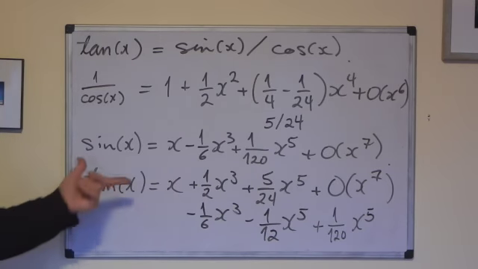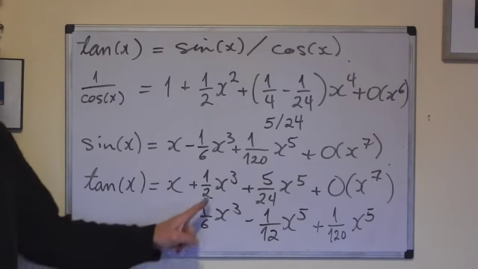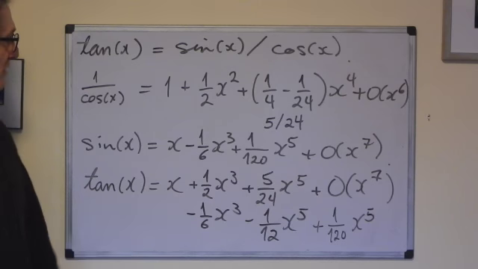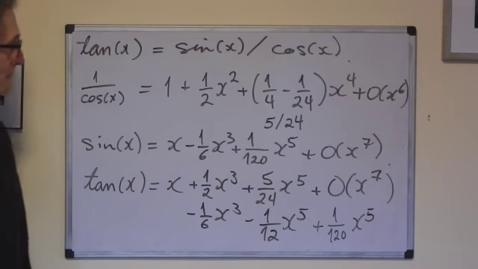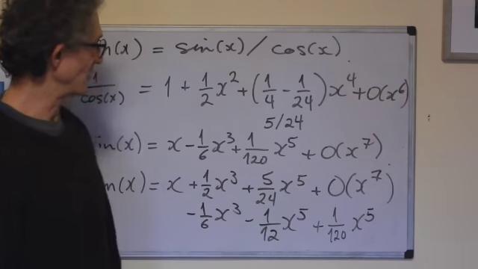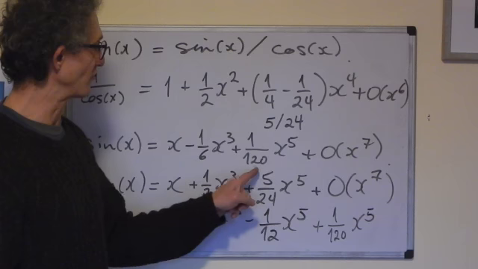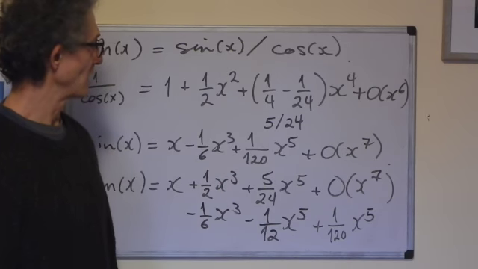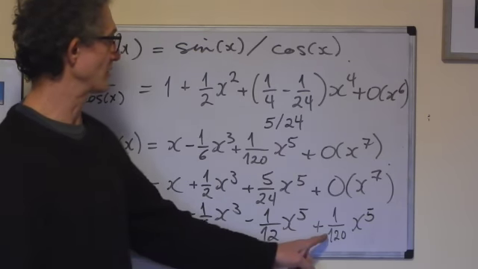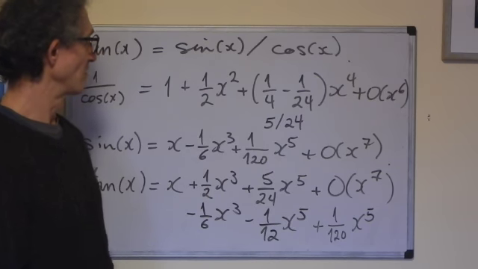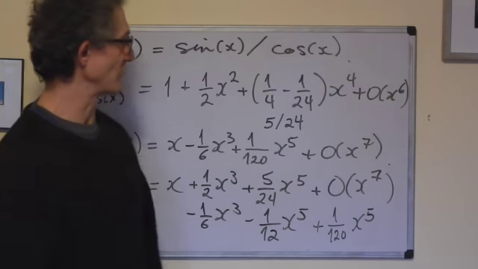So now we can add the coefficients. We have x. The coefficient of x cubed is 1/2 minus 1/6, which is the same as 3/6 minus 1/6, which is 2/6, which is 1/3. The coefficient of x to the 5th: I'm going to get 5 over 24 minus 2 over 24, which is 3 over 24, and then plus 1 over 120. 120 is 24 times 5, so we have 3 times 5 is 15, plus 1 is 16.